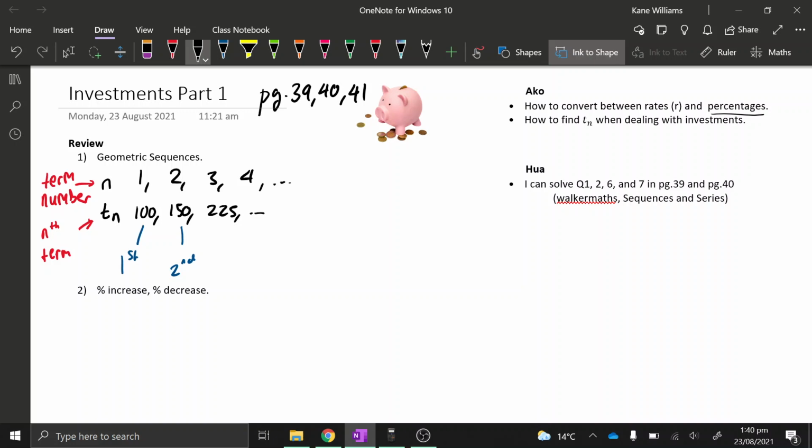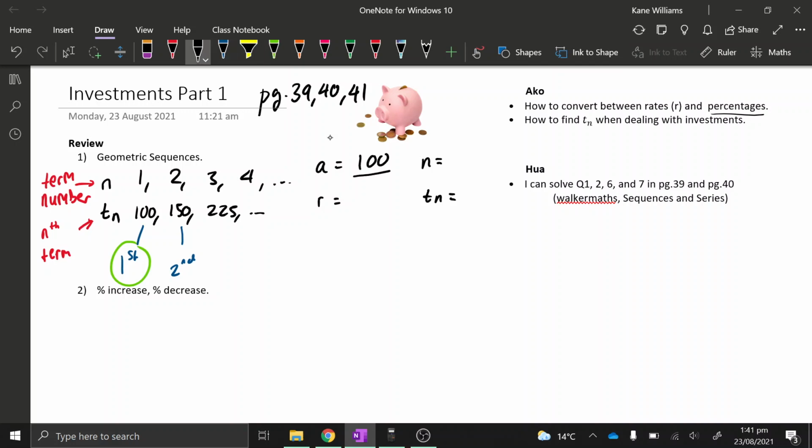All right, so geometric sequences, what do we need? We need an a, we need an n, we need an r, we need a Tn. Our a is your first term, so a will be 100.